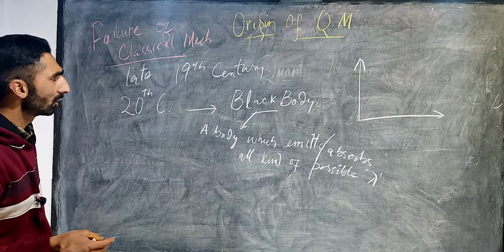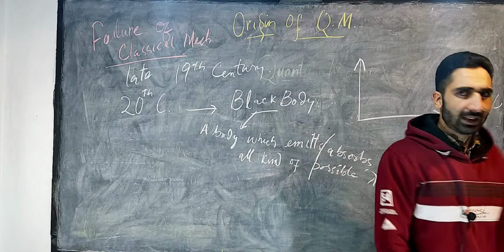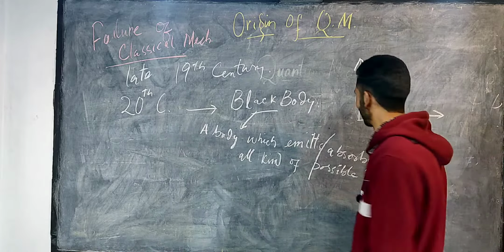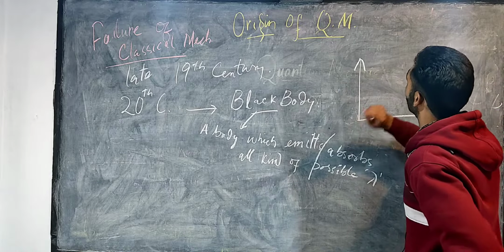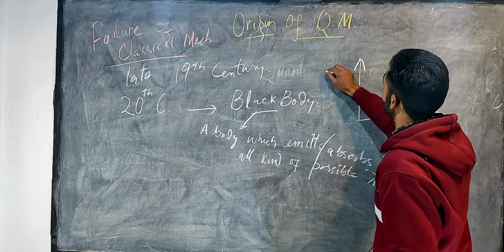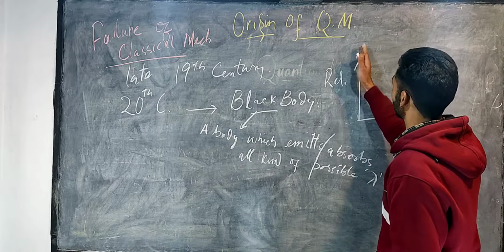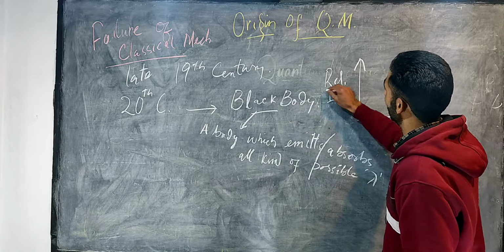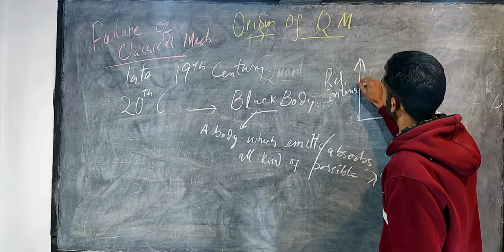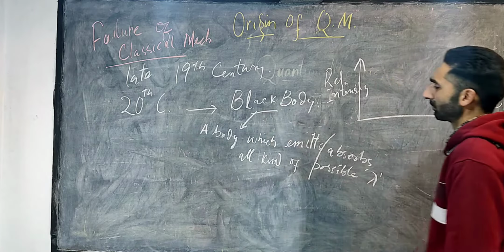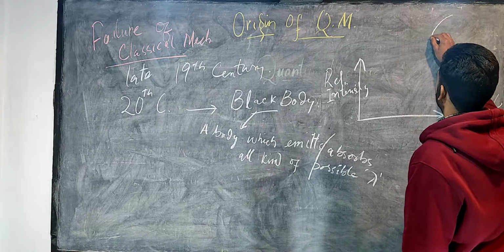So people studied black bodies and drew a graph between the relative intensity, for example, this is a graph. Along this axis they took the relative intensity of the light emitted from that black body. For example, this is our black body.